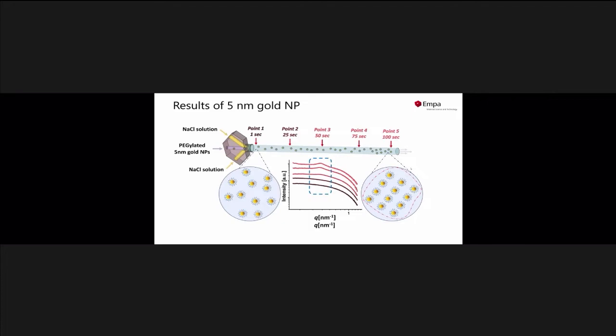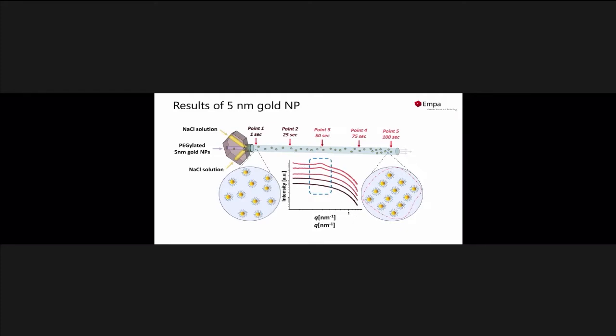So this is a particular result using 5 nanometer gold particles, which are pegylated, in NaCl solution, like a physiological ionic strength environment. If we analyze the particle suspension early after the mixing device, we get this nice curve here, showing that our particles still remain in suspension.